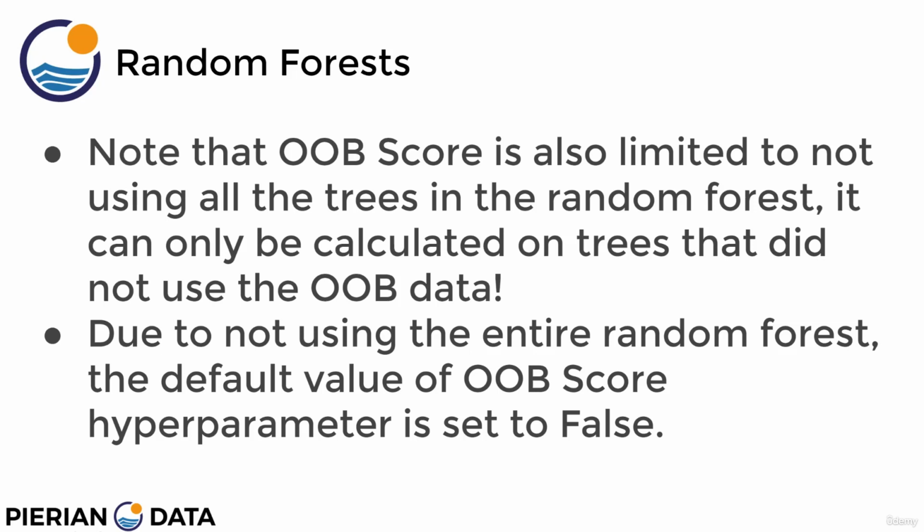So, because of this limitation, the fact that it's not as robust as a full train test split where you get to use the entire random forest on data it's never seen before, in scikit-learn, the default parameter for calculating OOB score is set to false.